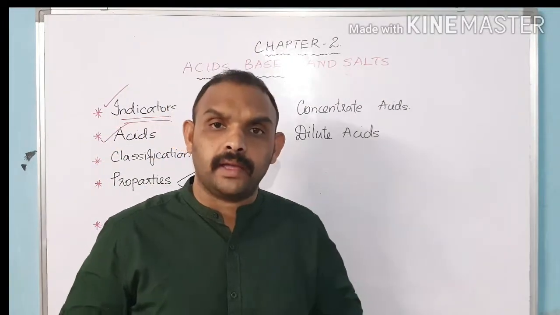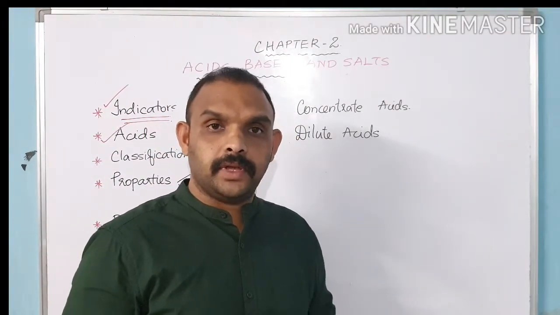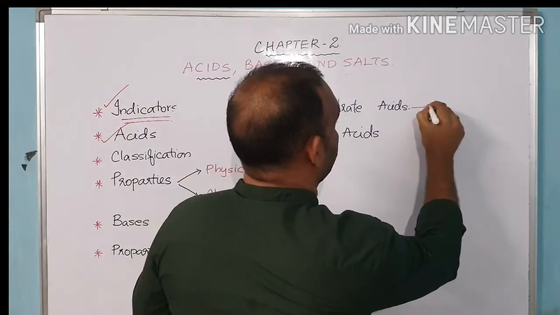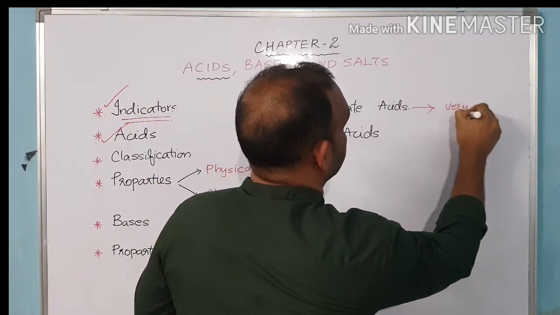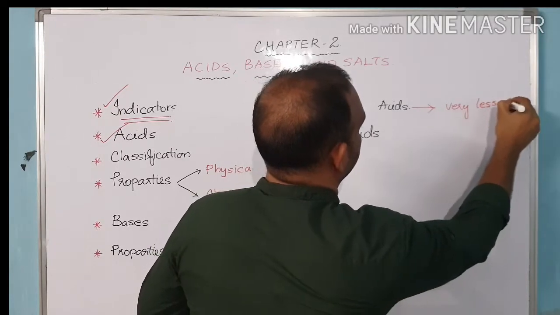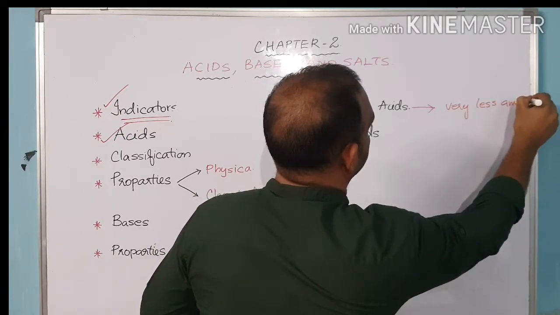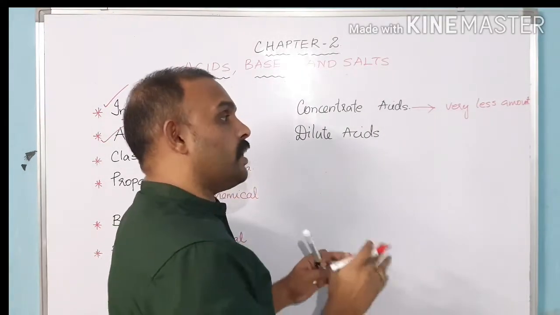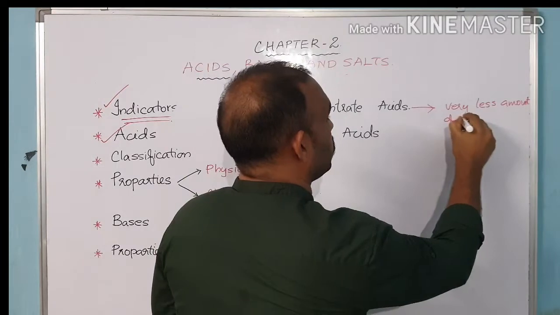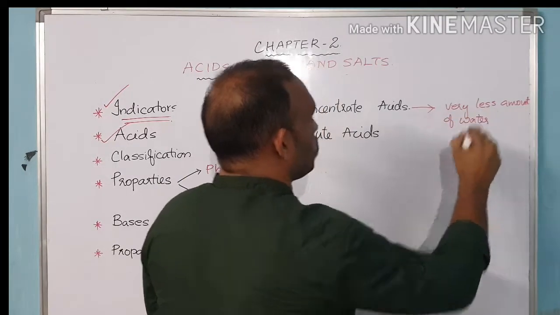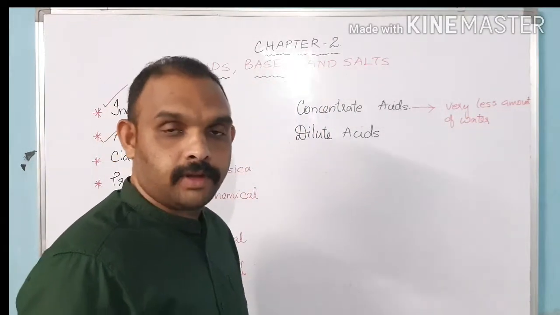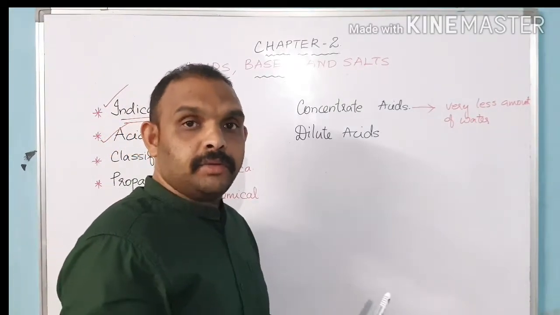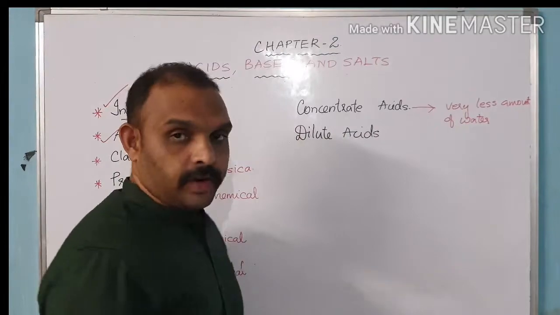What do you mean by a concentrated acid? Concentrated acid means the acid which contains very little water. In a simple way, acids which contain very little water are called concentrated acids. Almost all commercial acids are distributed in the form of concentrate.